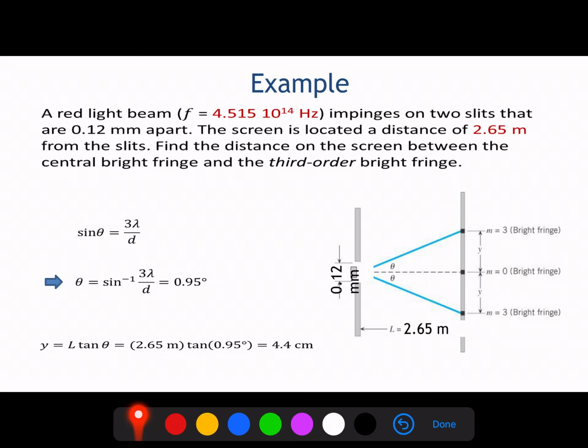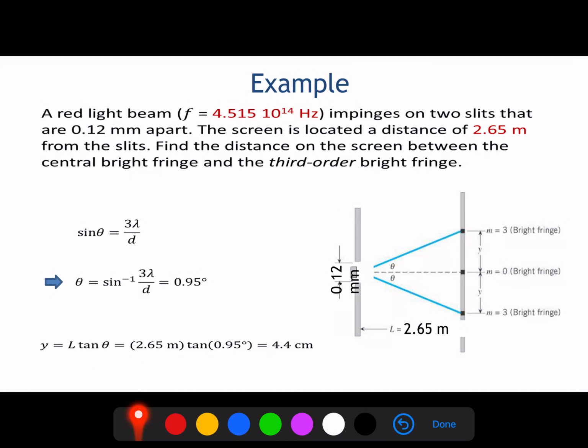Okay, so let's do an example where we apply these principles to a two-slit experiment. Let's imagine that we're given a red beam of light with this frequency, and we are sending it into this experiment that has the two slits located this far apart, and we know how far away the screen is from those slits.